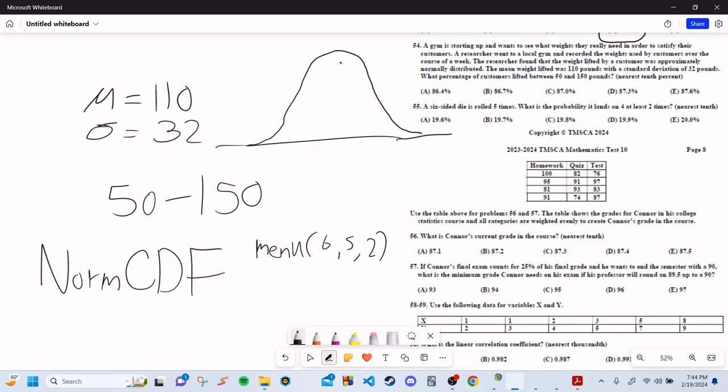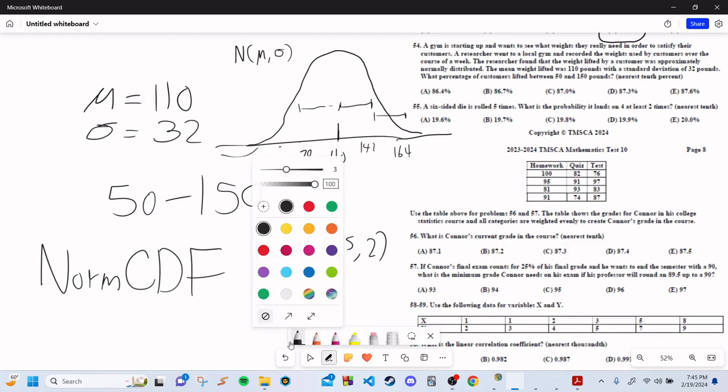I'm sure you guys have seen IQ bell curves before, or bell curves that represent other pieces of data. So every bell curve that's normally distributed is defined by a mean and a standard deviation, where the mean is the center of the bell curve. The standard deviation is like this constant distance away from the mean. And so on, right?